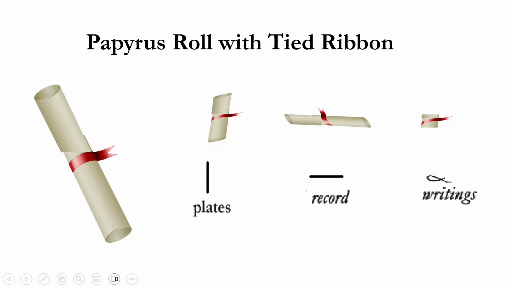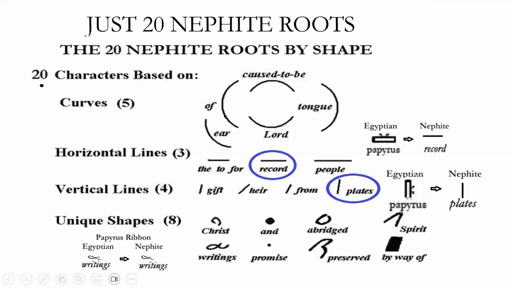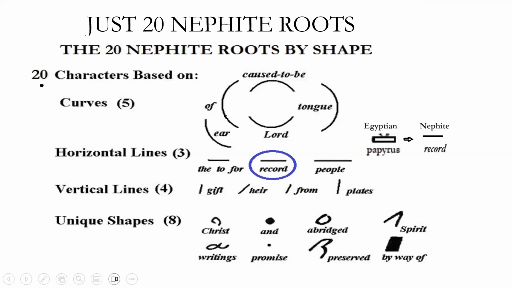Okay. On your 20 Nephite roots by shape page, where you've got the 5 curves at the top, I only see a couple of those on the other page, bibliography for root words. Is there a reason for that? Why I'm only seeing 2 there?